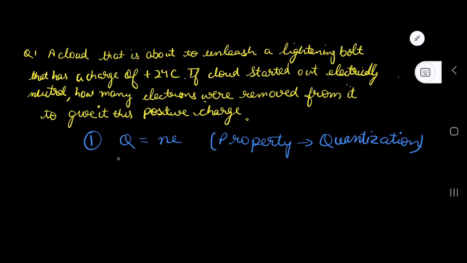So here we'll put the charge 24, and of course minus 24 is removed. Let's keep it as magnitude, or if we want we can solve it with sign also. So if we have minus 24 coulomb here, n we have to find.